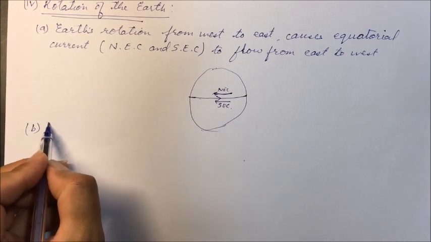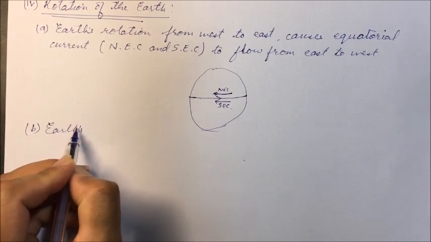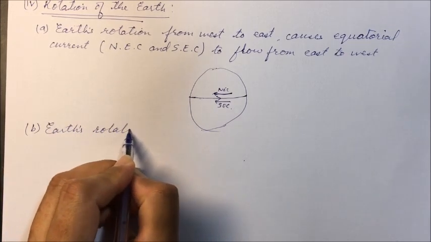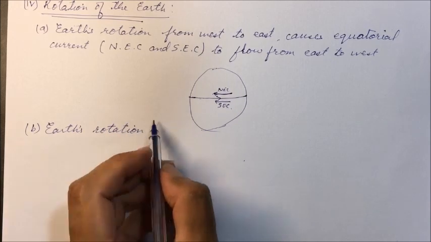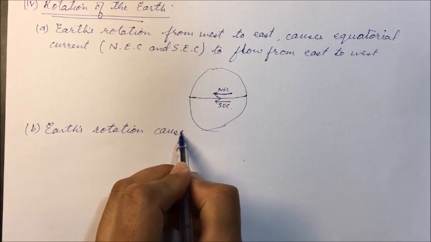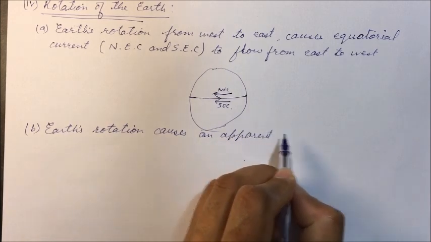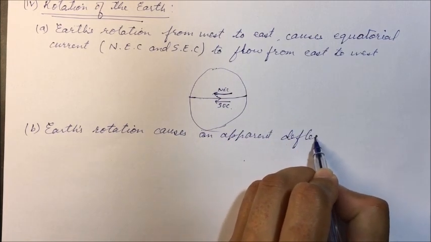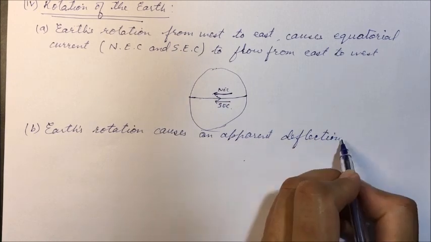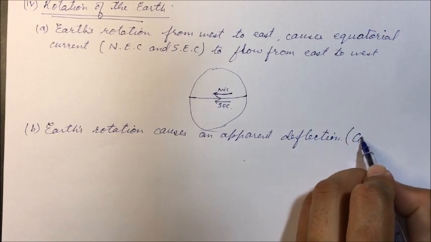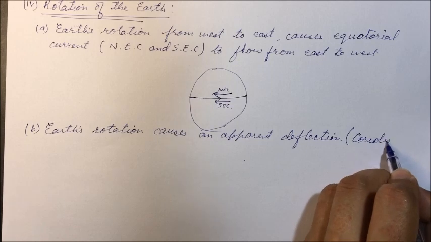Now second, earth's rotation causes an apparent deflection, and this is called the Coriolis effect.